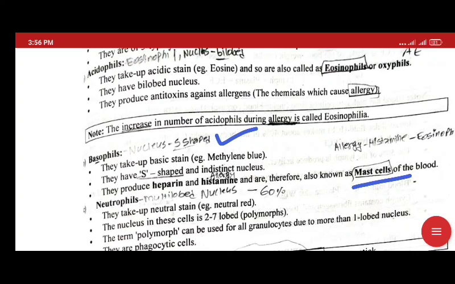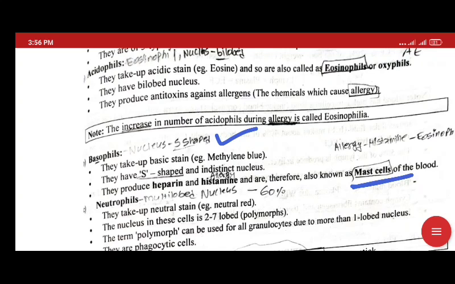Previously we read about mast cells in adipose tissue. It contains heparin, histamine and serotonin.